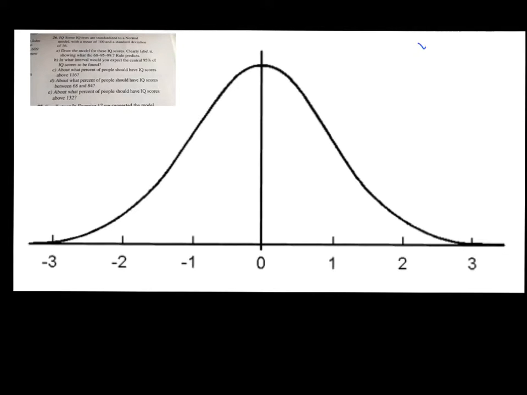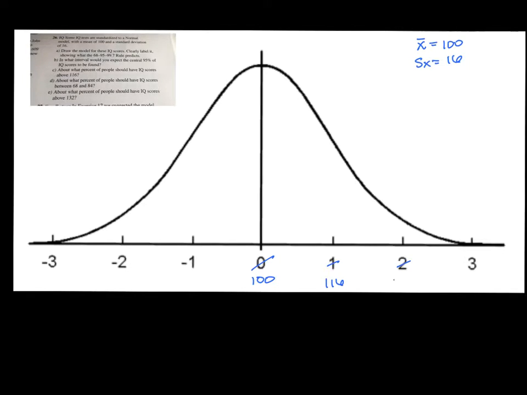I'm going to write that up here at the top. So x bar equals 100, and our Sx, standard deviation, is 16. So my 0 now, instead of 0, it becomes 100. Instead of 1, I'm going to add 16, so that'll give me 116.